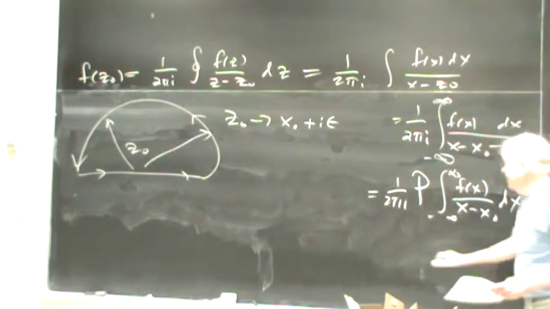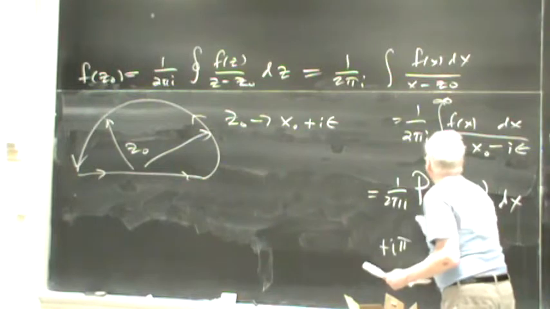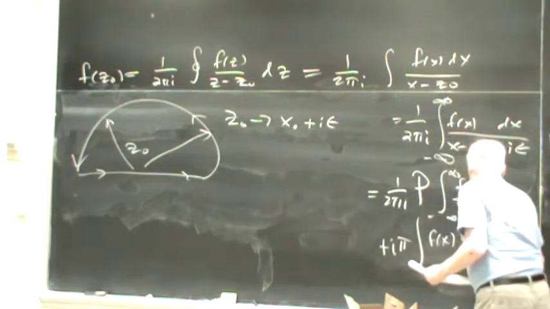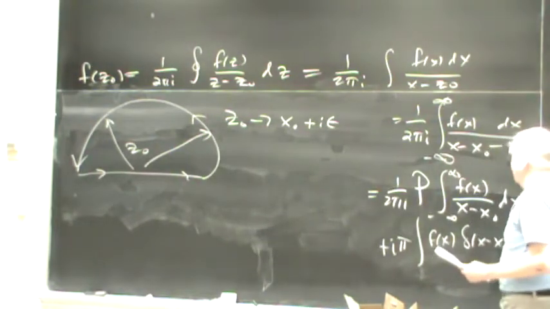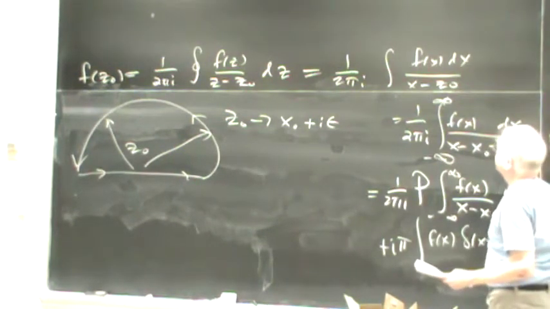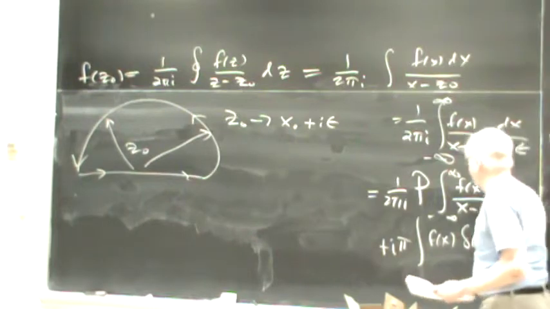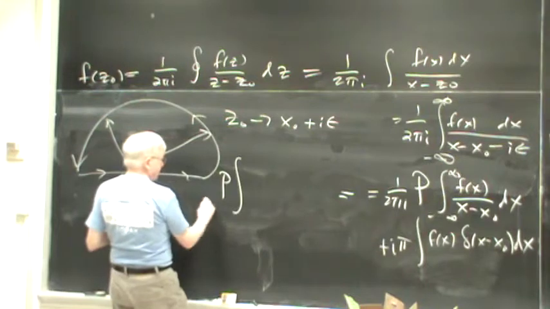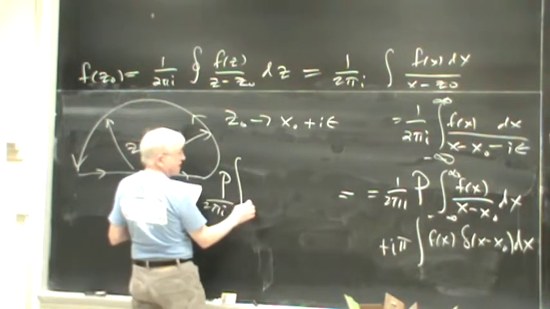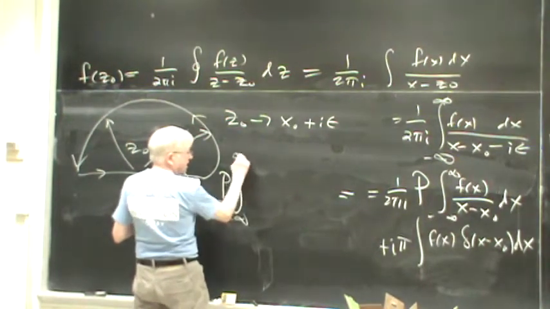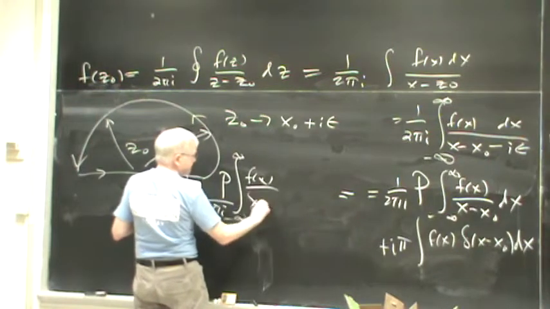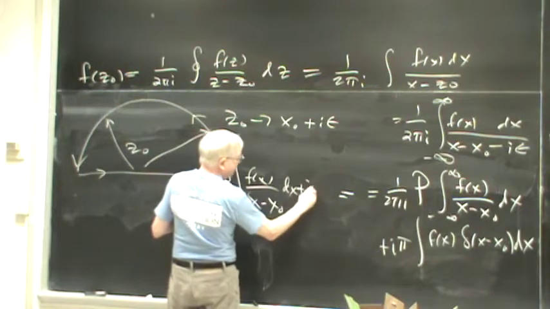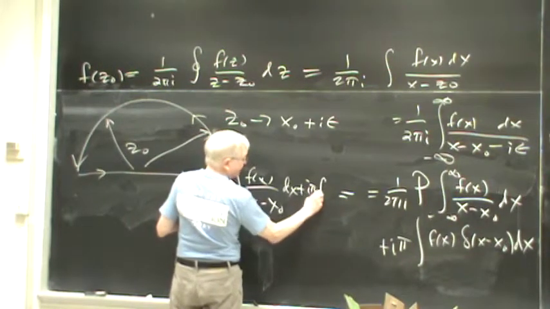plus I pi integral f of x delta x minus x0 dx. And so what we get is that this is principal part over 2 pi I f of x over x minus x0 dx plus I pi f of x0.